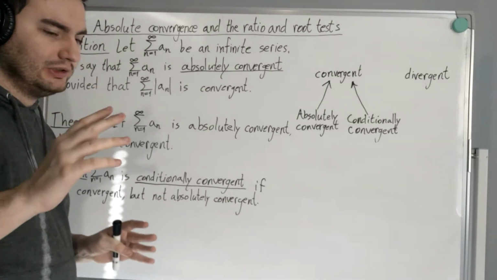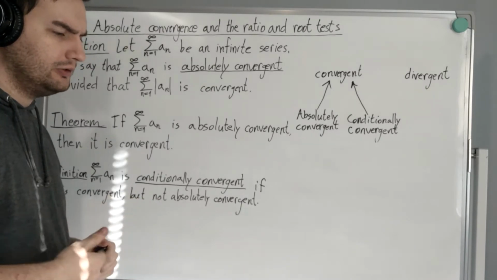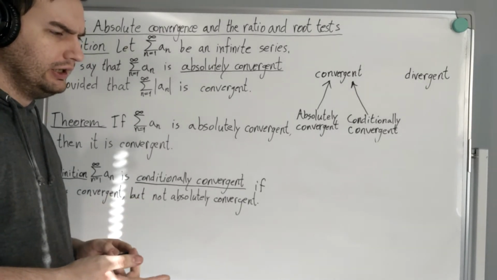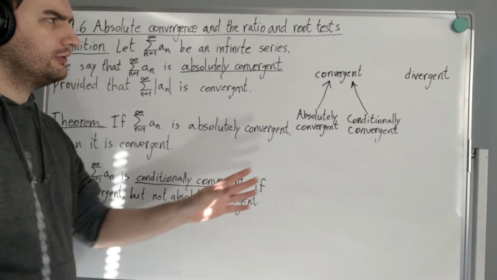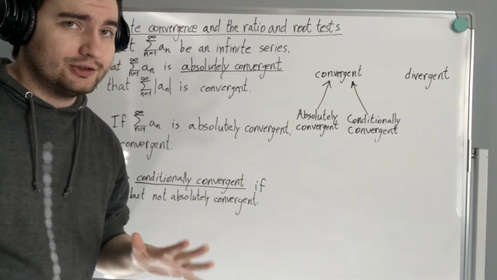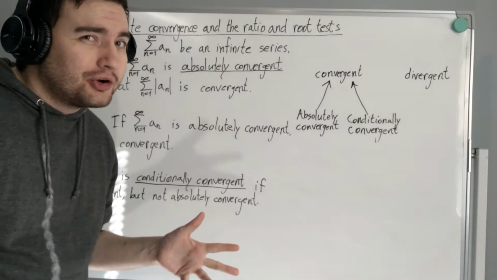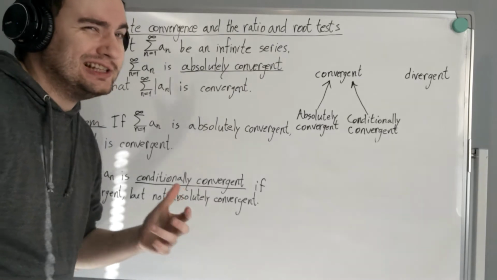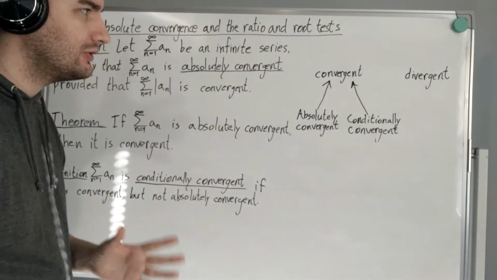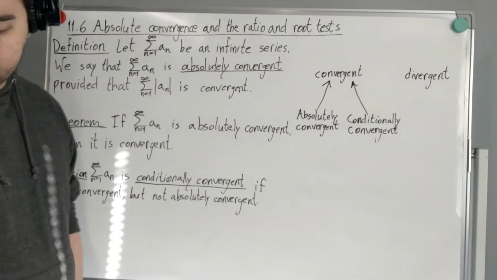Something that came up one time with one student that I was talking to, he was a bit confused because he thought that there was some kind of qualification like these for divergent. That's not true. There isn't such a thing as absolutely divergent or conditionally divergent. Those aren't terms that we actually use.